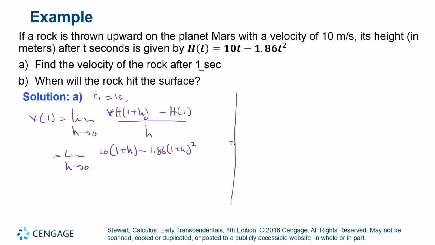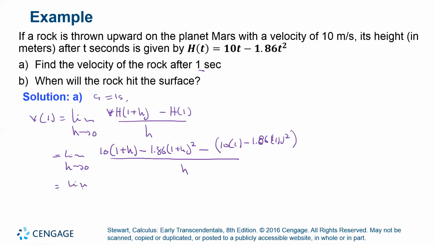Let me erase this line. Minus, okay, H of 1. That means we're going to substitute: 10 times 1 minus 1.86 times 1 squared. All divided by h.